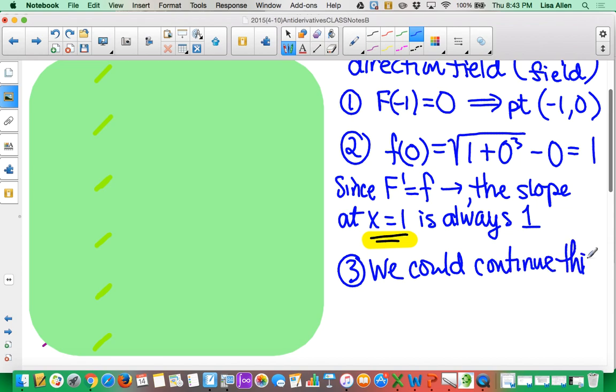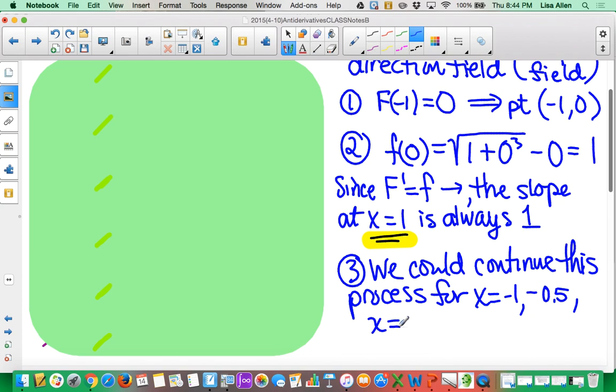So we could continue this process for x equal to all of the values that you see: -1, -0.5, 0, 0.5, 1, 1.5, 2, 2.5, and 3.